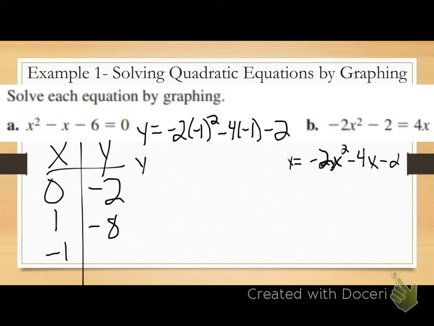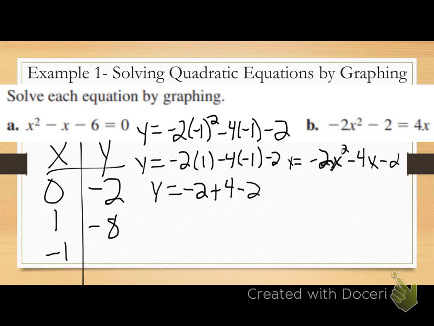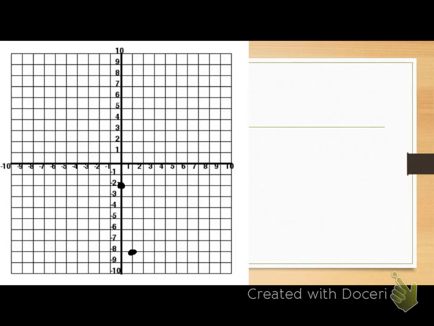Negative 1 squared is 1. Negative 2 times 1 is negative 2. Negative 4 times negative 1 is positive 4. Negative 2 plus 4 is 2. 2 minus 2 is 0. So I get negative 1, 0.